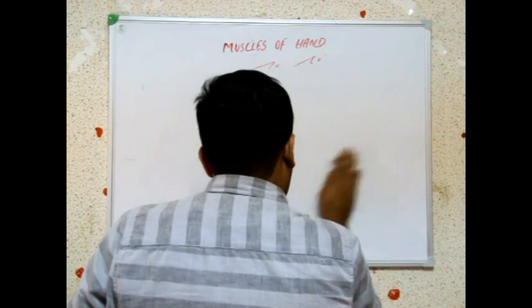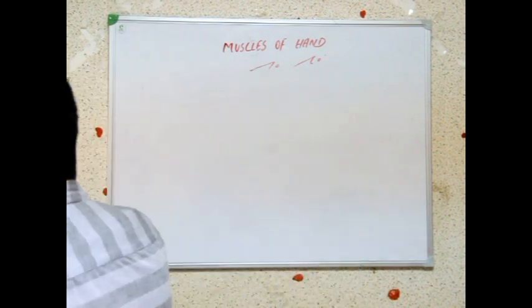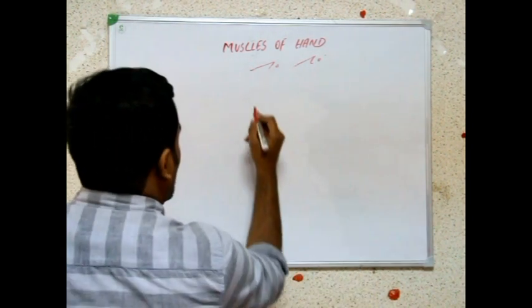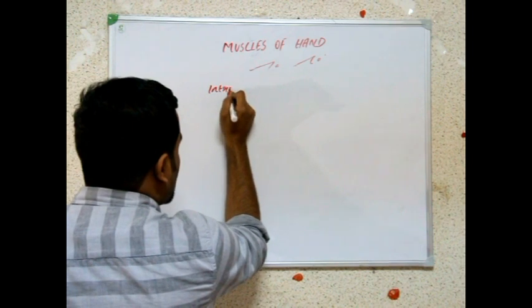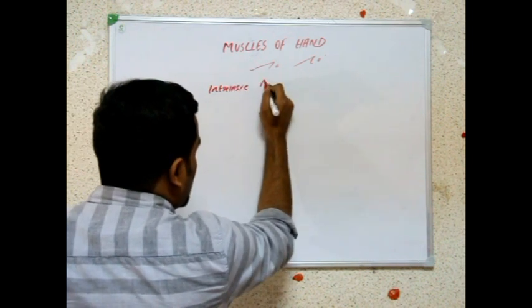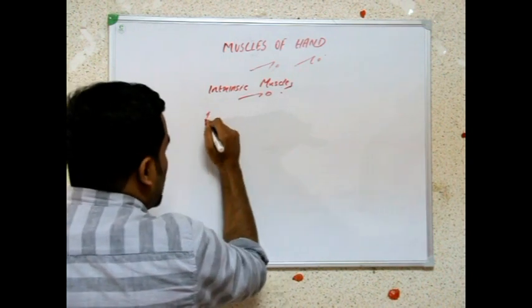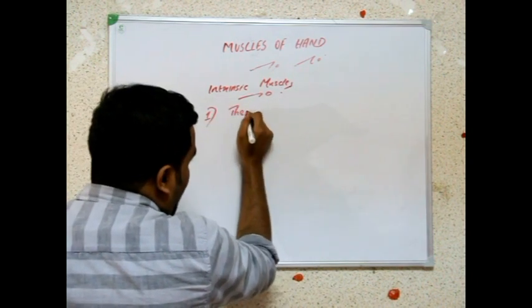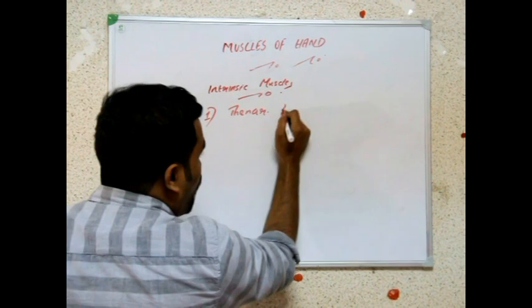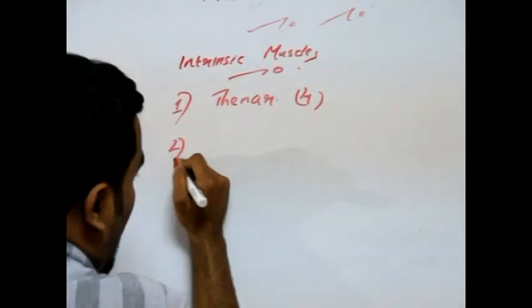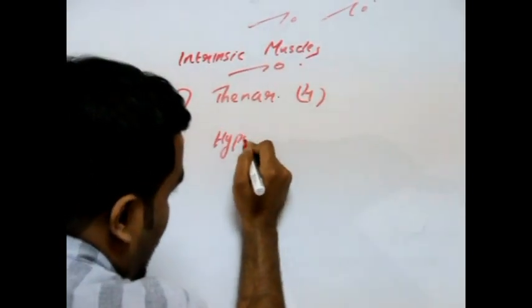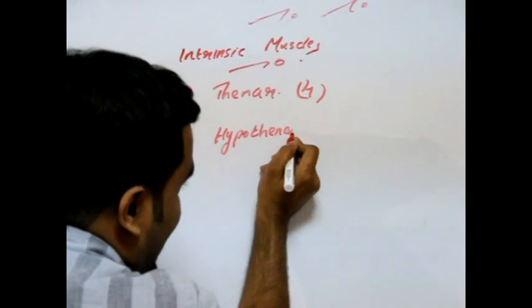I explained you intrinsic muscles are 20 in number. Okay, they are 20 in number. There are 5 types of muscles. First is thenar muscle, 4 in number. Hypothenar, again 4 in number.